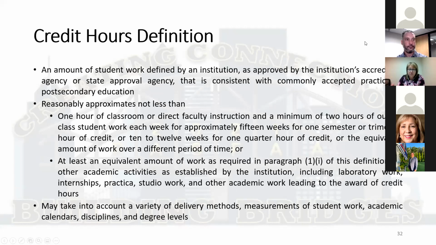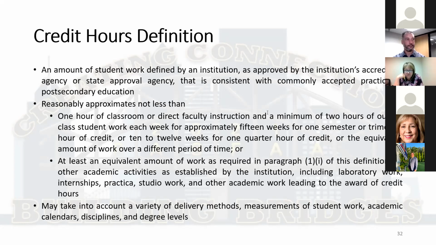Then we talk about the credit hour definition. The amount of work that the student completes is defined by the institution, approved by the institution's accrediting agency or state approval agency, that's consistent with commonly accepted practices. So 1 hour of classroom or direct faculty instruction and a minimum of 2 hours of out-of-class student work each week.